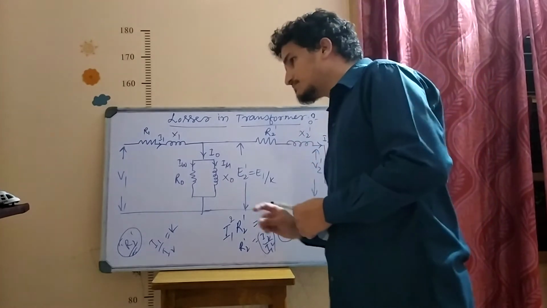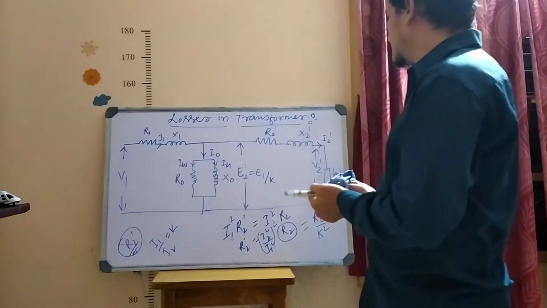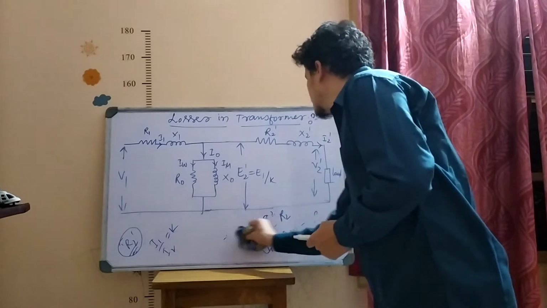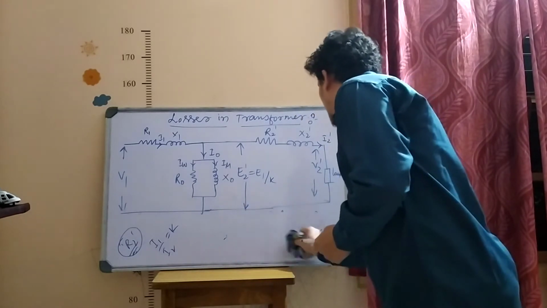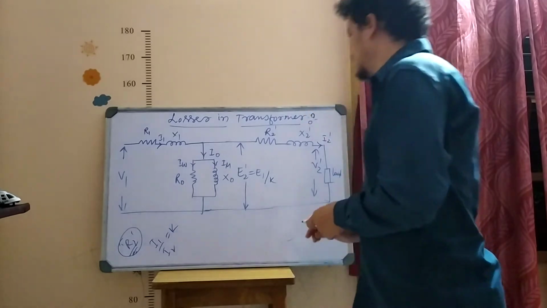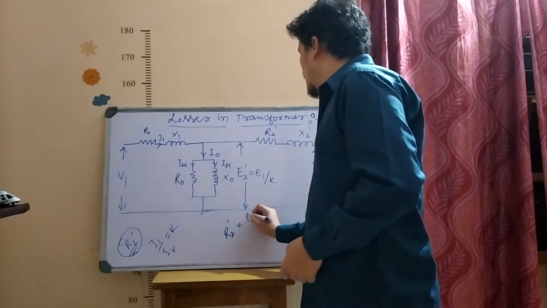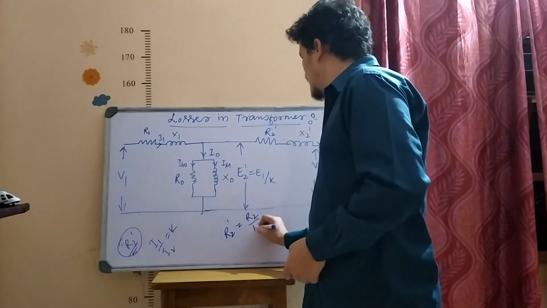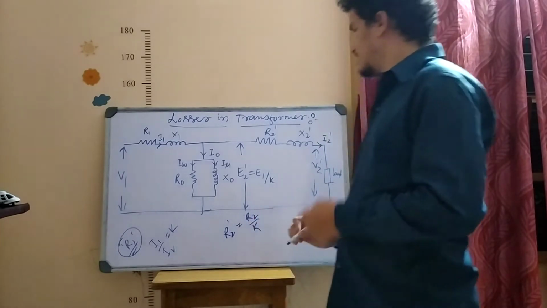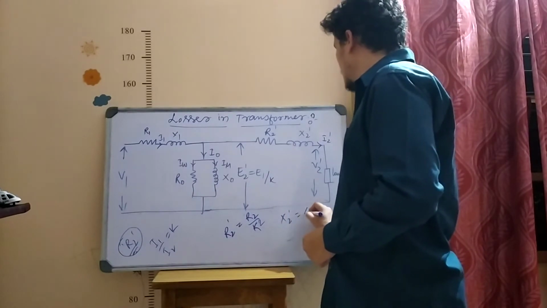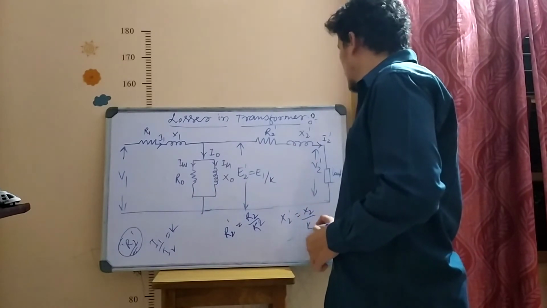So now how can I write for X2 dash? It is very simple. R2 dash is actual R2 divided by K square. Similarly, X2 dash must be equal to actual X2 divided by K square.